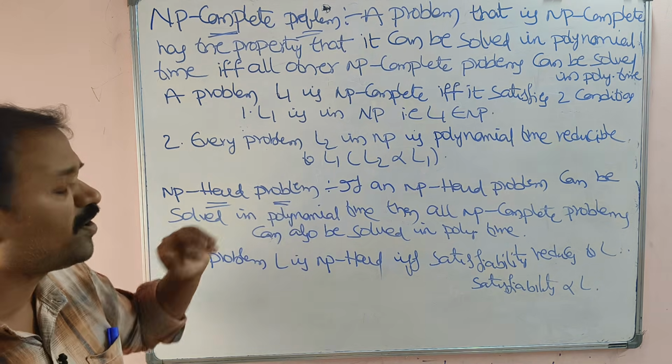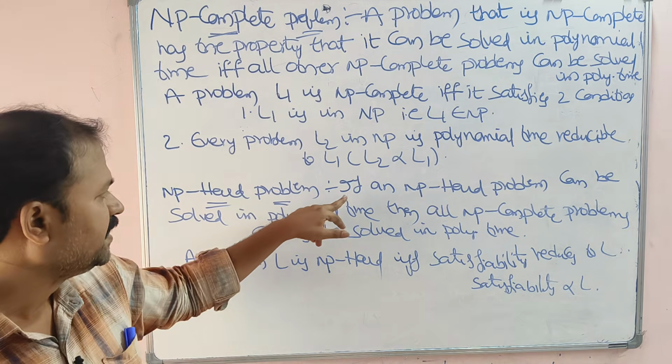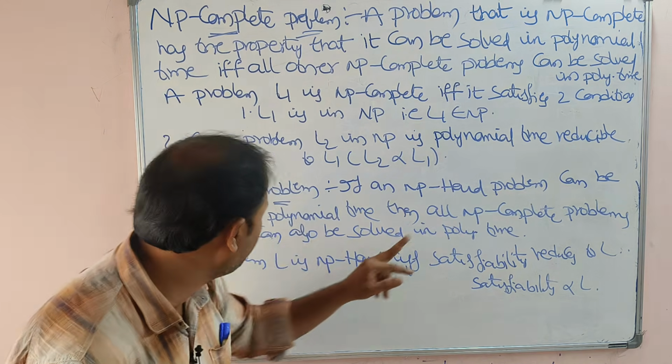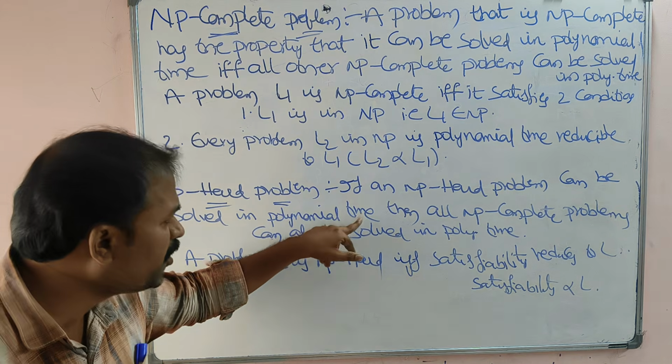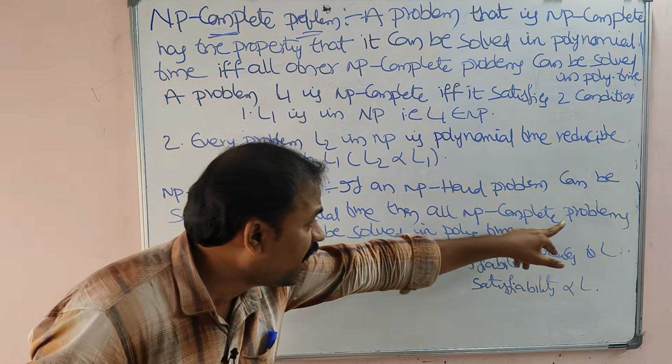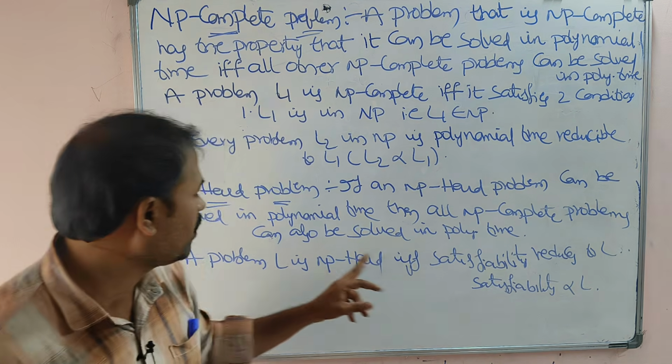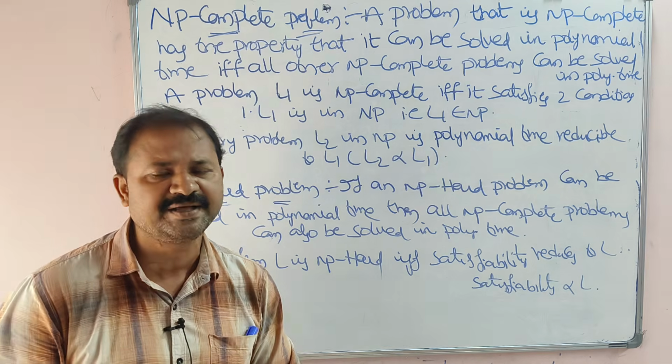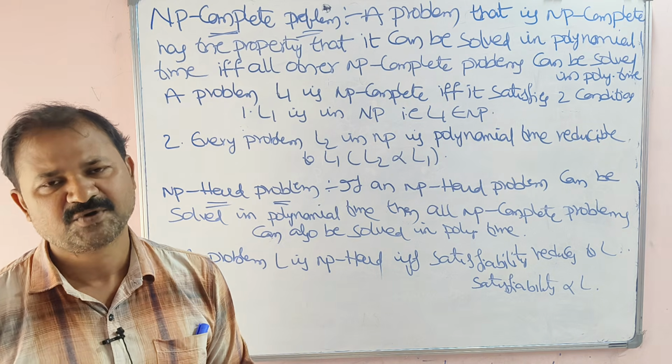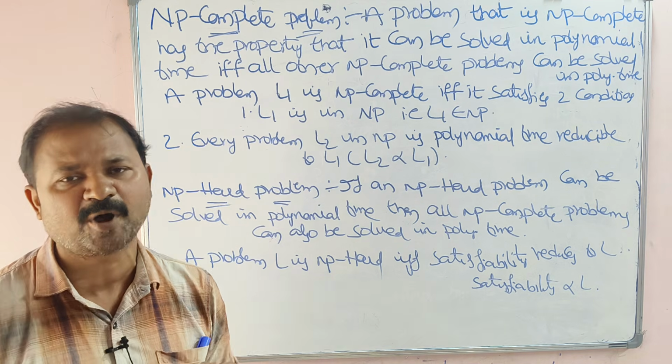Now let's see what is an NP hard problem. If an NP hard problem can be solved in polynomial time, then all other NP complete problems can also be solved in polynomial time. That is the definition for the NP hard problem.